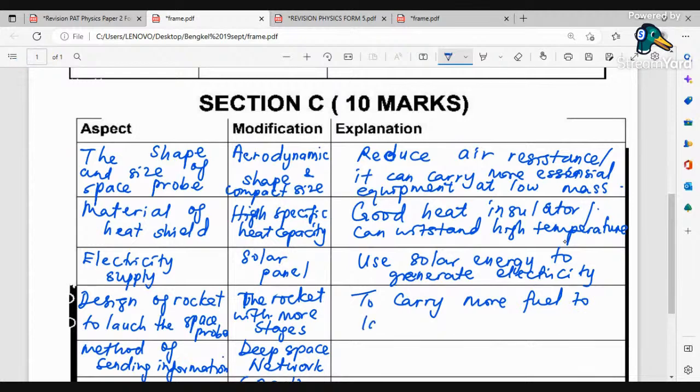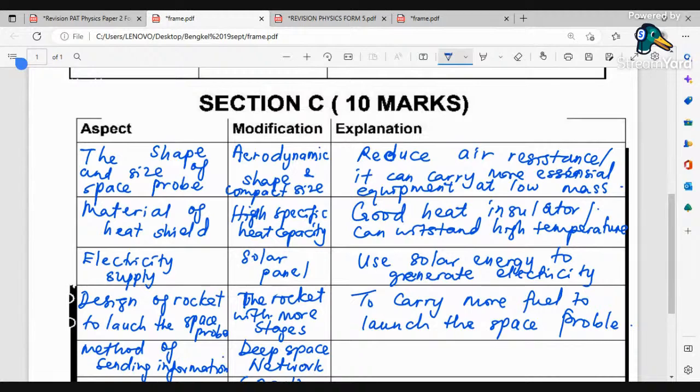To launch the spacecraft. Okay, it means if one stage is the fuel finish already, we can release out the stage. Okay, then use another stage.